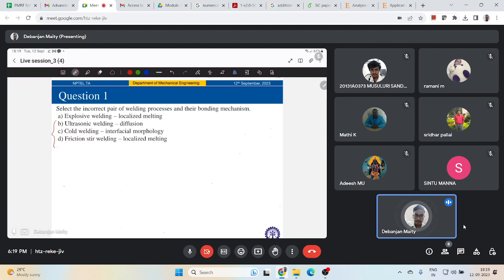So this is some kind of coalescence happening over there, and this is produced at the faying surfaces. What is the source of ultrasonic welding? The high frequency vibratory energy, right?